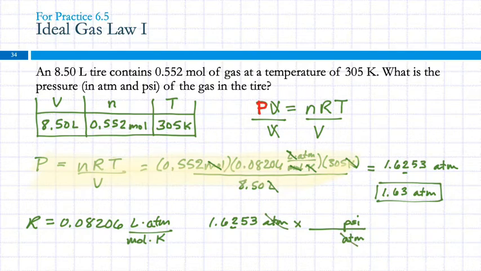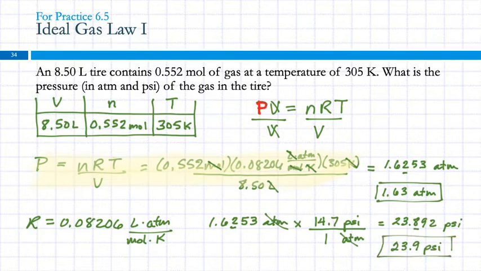I go to the table of pressure relationships, and I see that 14.7 PSI is equal to 1 atmosphere. So this answer should also have 3 sig figs, 23.892 PSI, and that will round to 23.9 PSI.